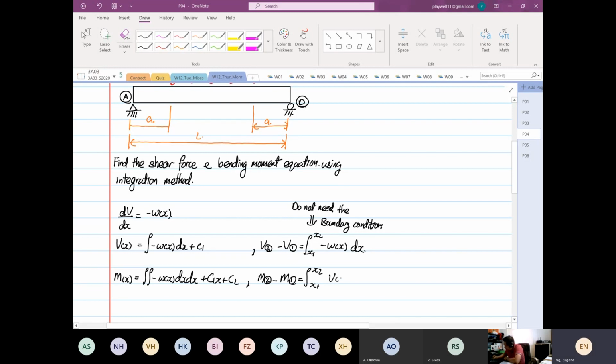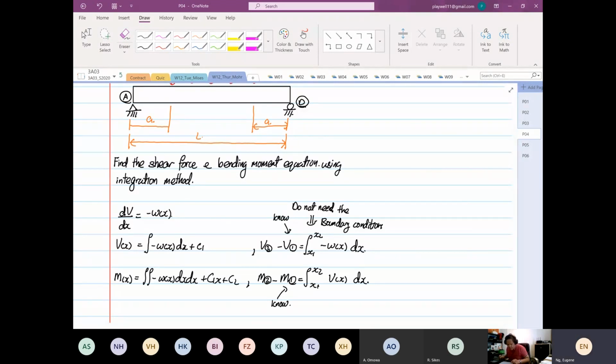So you have to just integrate. So the thing about this technique, right, is you have to know what is occurring at the point before. Okay, you have to know the shear force, and you have to know the bending moment magnitude first.